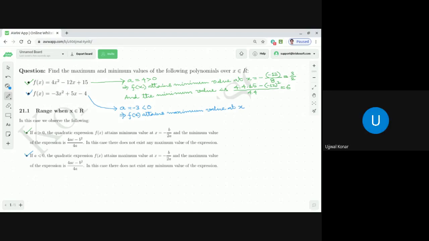So what is −b/2a here, dear students? At x = −b, b is 5, and 2a is 2 into −3, that is equal to 5/6. Correct or not?